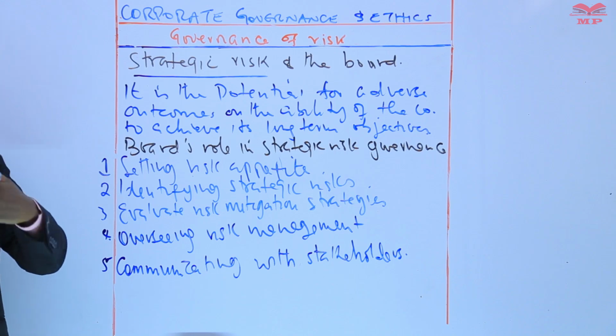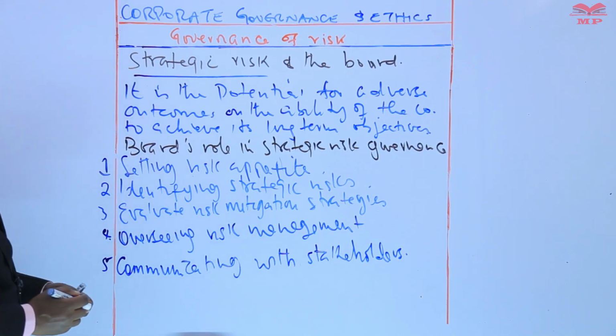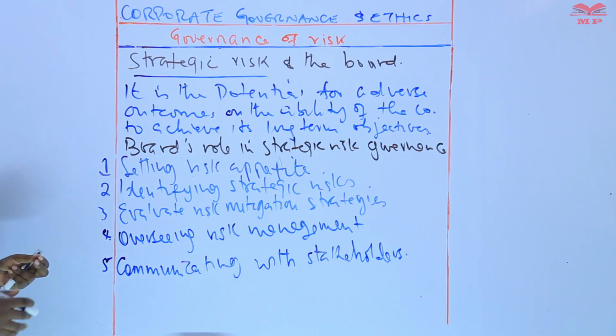That fosters transparency and also builds trust with the stakeholders. So these are five roles that the board plays in regard to strategic risk governance. Now, let us proceed and identify some of the challenges in strategic risk governance.